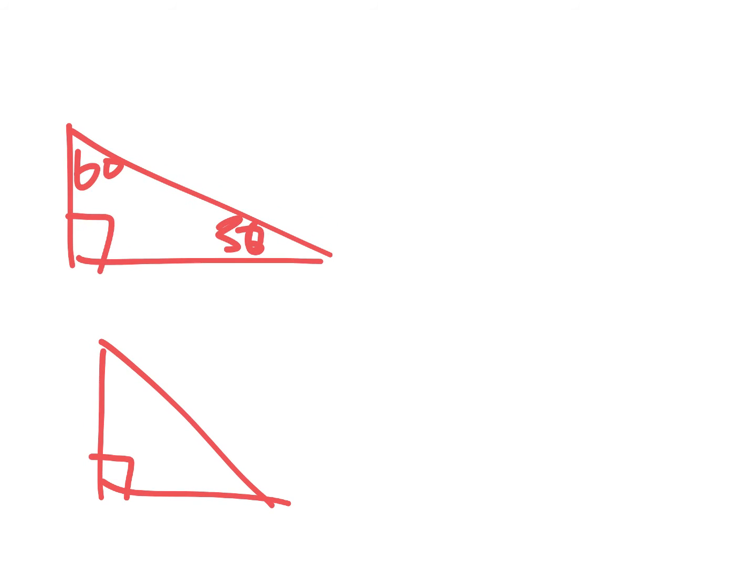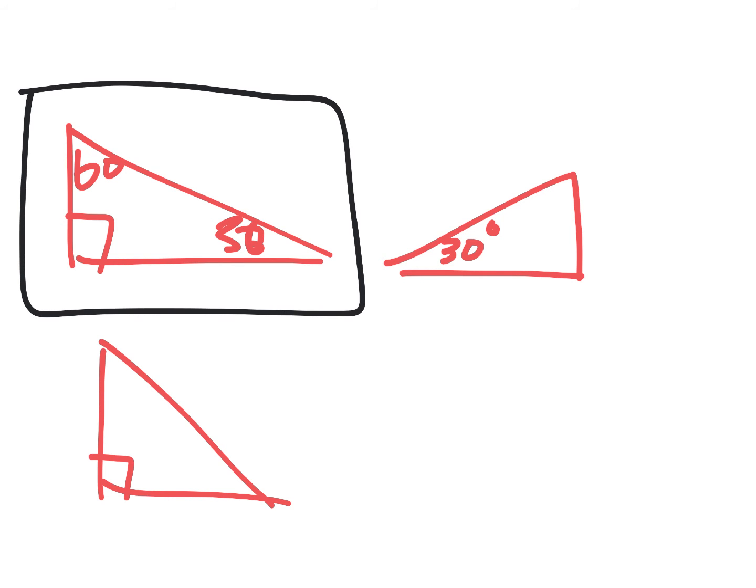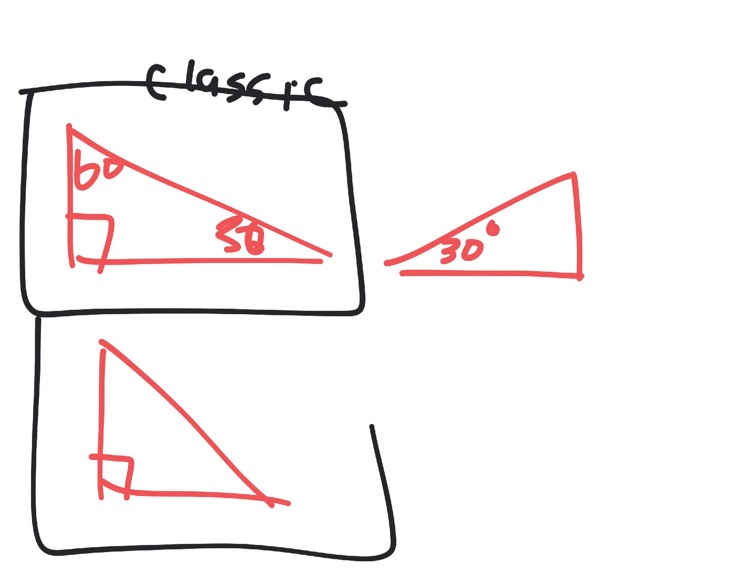If you do, you should be able to answer this question. Put the classic one here: the sides that you can always use on the 30, 60, 90. Here and here, this is the 45, 45, 90.